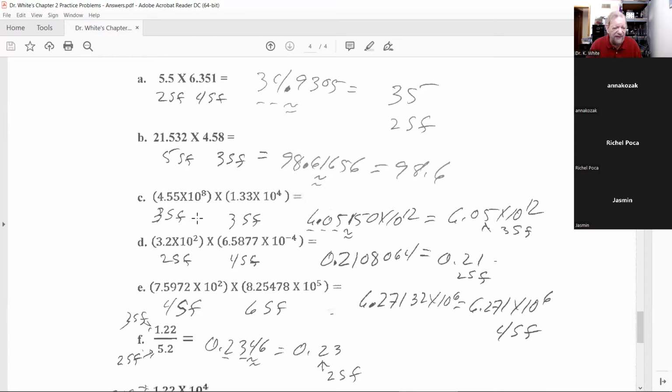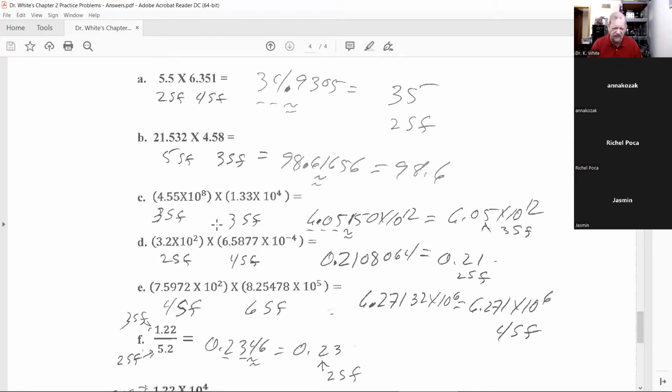Let's look at C. If we look at C, you have 3 significant figures, first number, second one, you put that in your calculator, it gives you this big number, and you have to round it off to what? You get the same number of significant figures in your answer as the number that has the fewest significant figures.